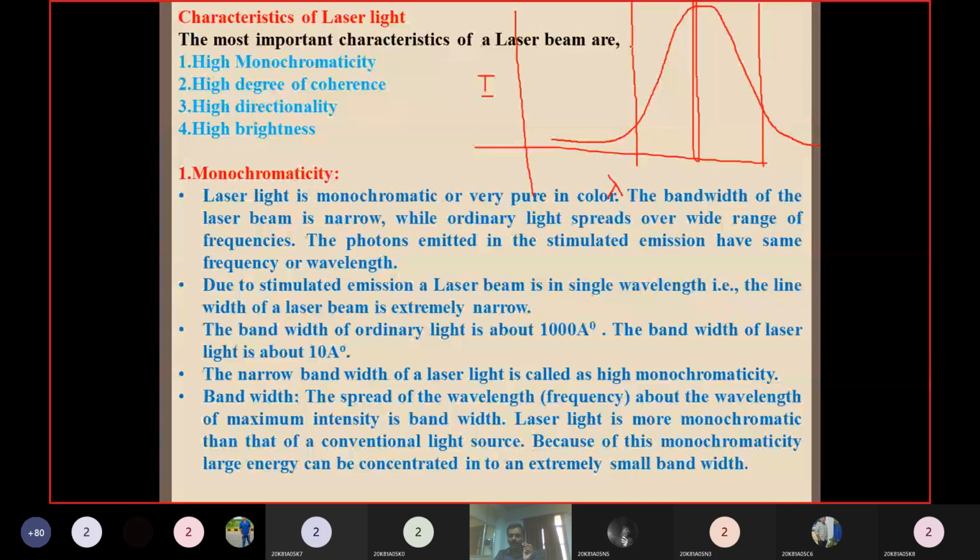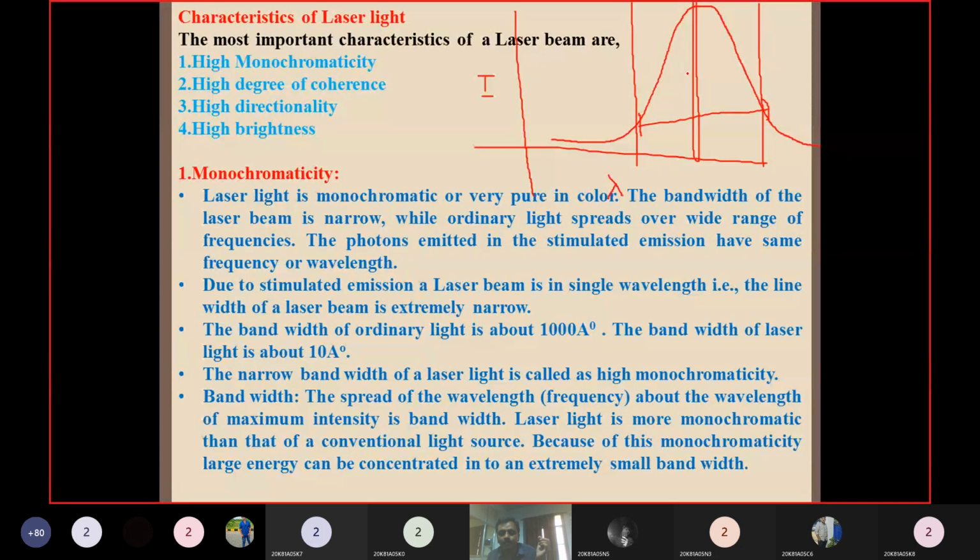How much the wavelength is spread is called the bandwidth. The total radiation is emitted within this range of bandwidth. That is why it is not purely monochromatic. It is an orange color, but not pure orange. At the middle, with high intensity, there is a thick orange color.